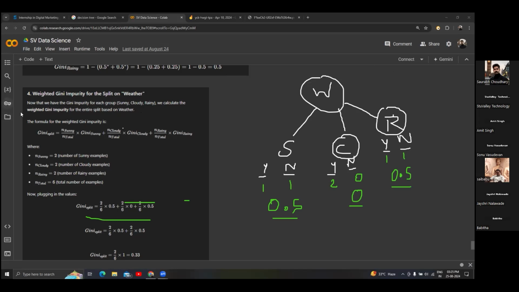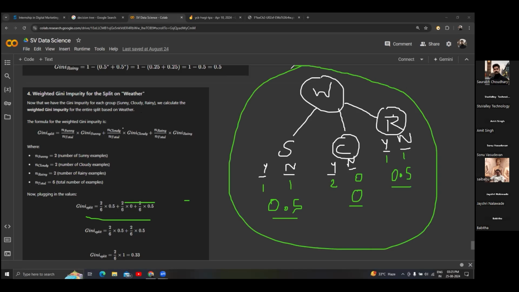So now we will find it for the entire weather. You apply the Gini impurity here now: the number of sunny upon the total, number of cloudy upon the total.